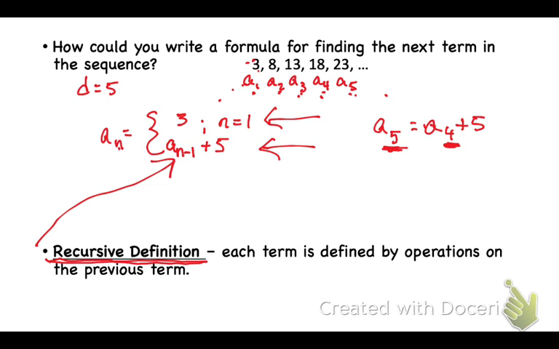You said a starting point and what else? And a definition. They call them an initial condition, and then a definition or a rule. Okay. Definition, rule, equation all means the same thing. Now, has anybody ever heard of the Fibonacci sequence? Yes. That is actually the most famous recursive definition.